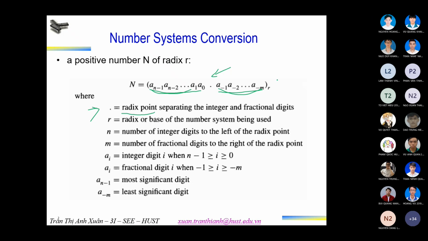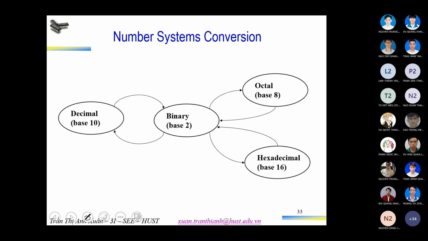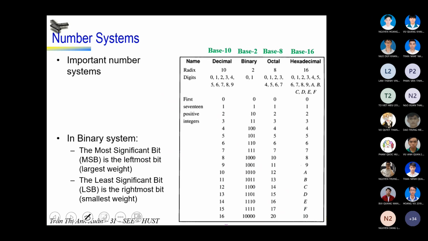For example, for the binary number system, we call this point a binary point, for the decimal, we call it the decimal point, and for the hexadecimal or octal, we can call this point a radix point. So remember this point here.